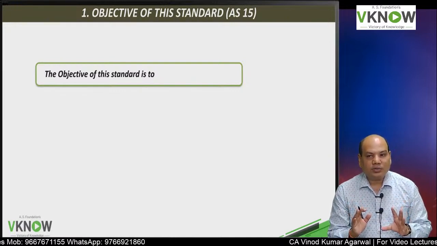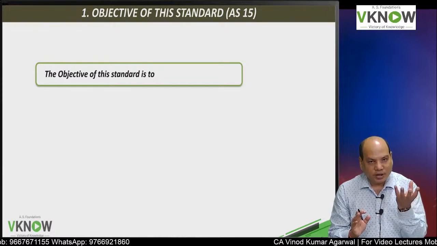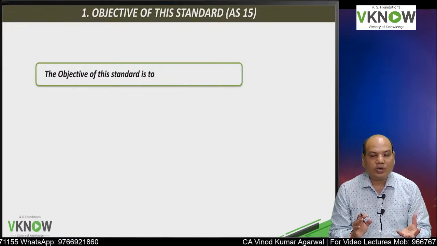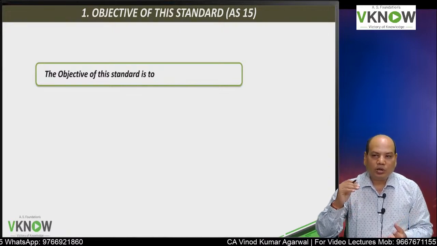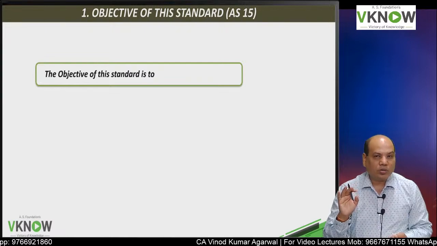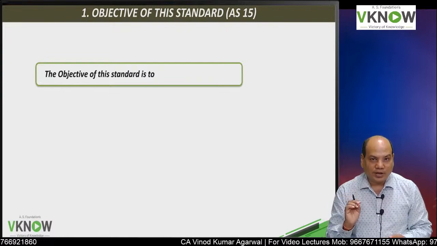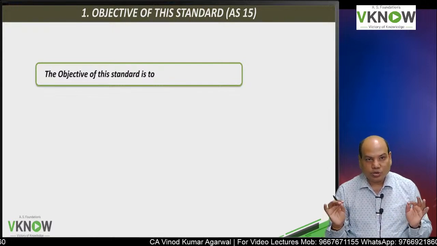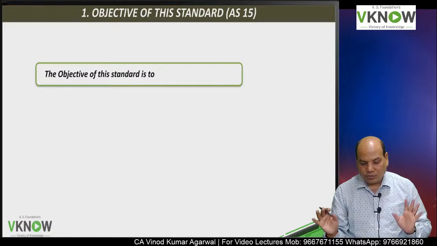Wrong treatment can either increase the profit or decrease the profit. Wrong treatment may result in liabilities not getting recognized in the balance sheet or more liabilities getting recognized in the balance sheet. Both are not right. Financial statement should represent a true and fair view.